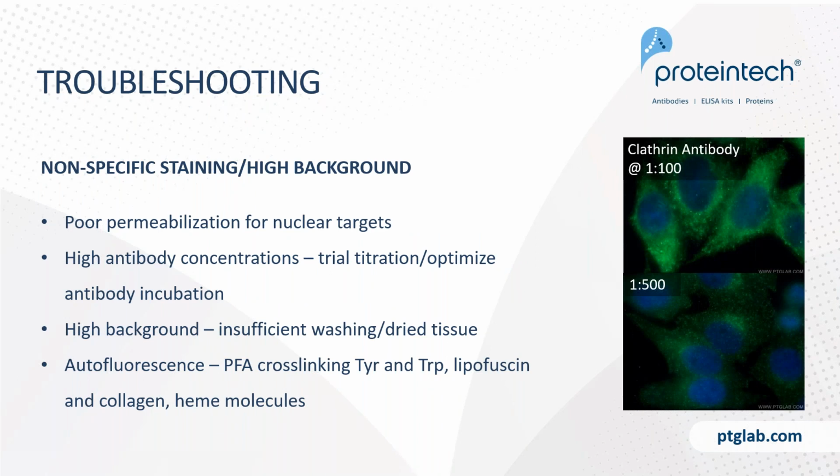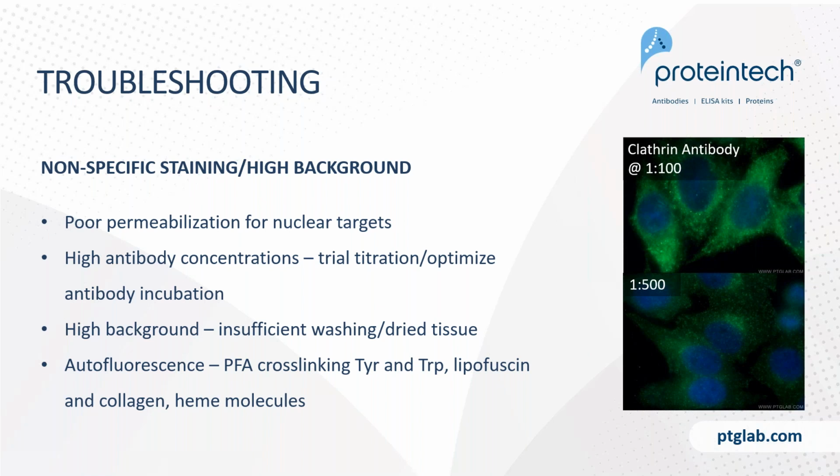Another common problem with immunofluorescence is non-specific staining and high background. This could be due to poor permeabilization for nuclear targets, or potentially high antibody concentrations, whereby you need to perform trial titrations and optimize your antibody incubation time. On the right, you can see here some cells which have been stained for the clathrin antibody, which is a vesicle protein.